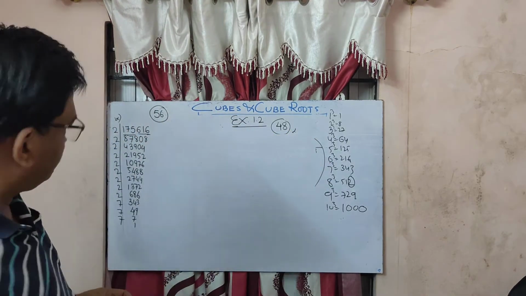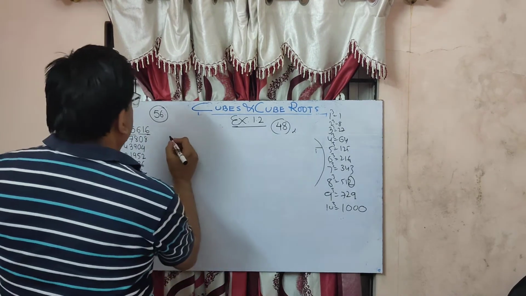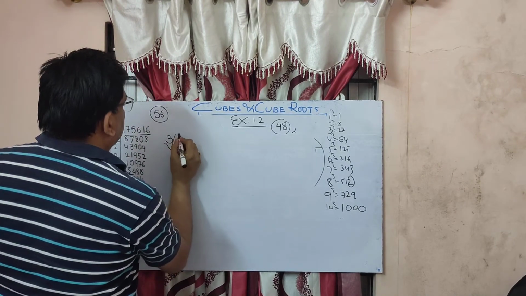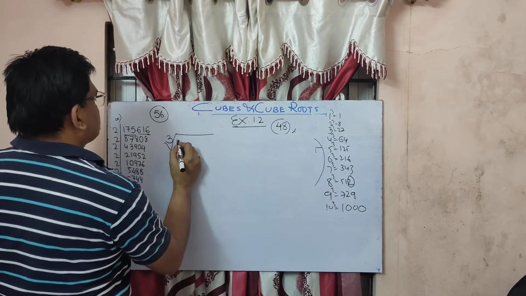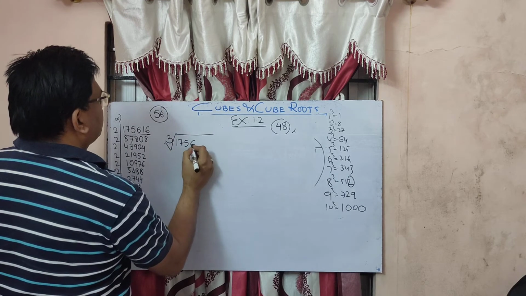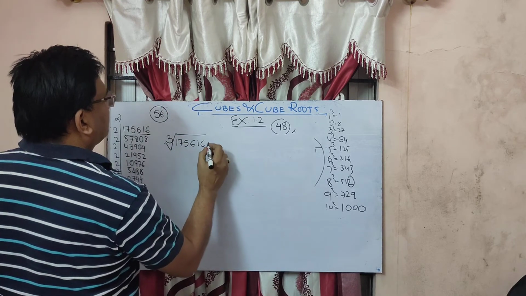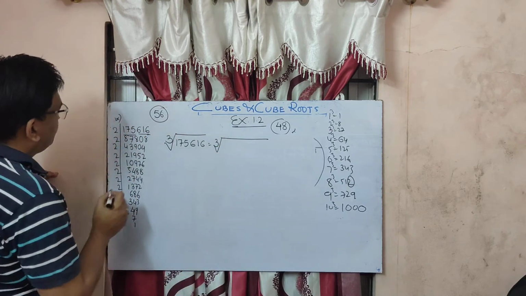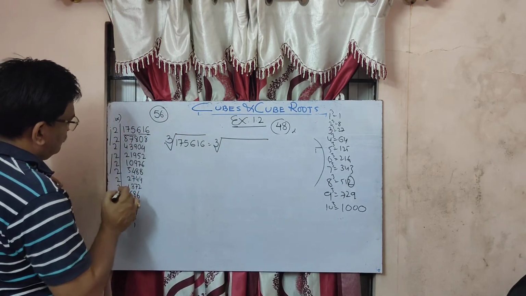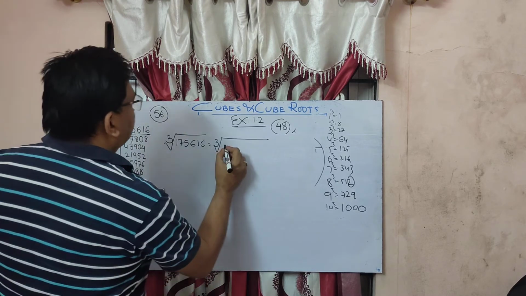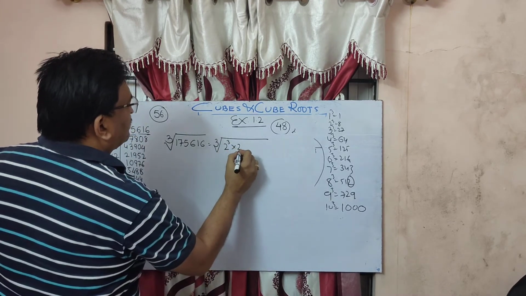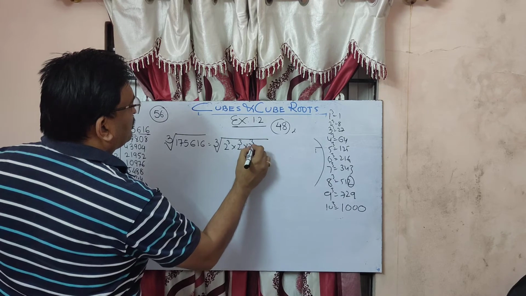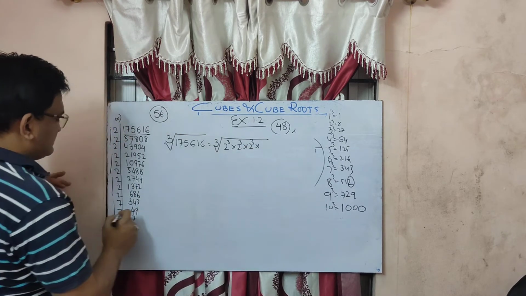Now you have to write it. This method, 175616. How many 2's are there? This is 1, this is 2, this is 3. So 3 times 2 cube, and 7 cube.